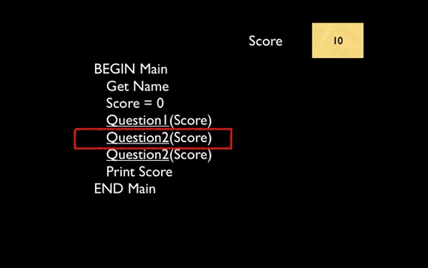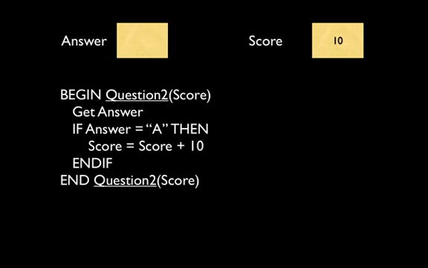We move down, we're going to execute question 2, the submodule, and score is our parameter that we're passing once again. So as you can see at the right of the screen, 10 has stayed the same. It hasn't been reset. So it's a similar type of submodule. We get the answer local variable, so therefore it's got a null because nothing's been inputted into it yet. If the answer equals an A, then score will increment by 10. The user entered a B, so therefore the score does not increment by 10.